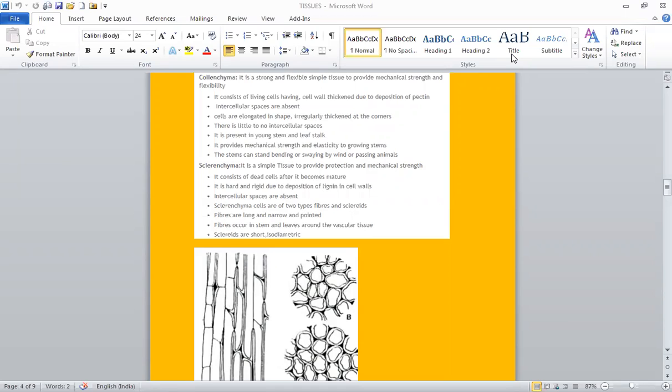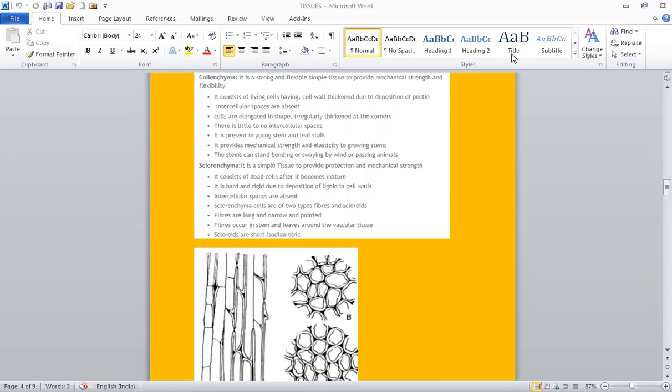Students, in our last class, we learned about meristematic tissue, which is dividing tissue, and we also studied simple permanent tissue.